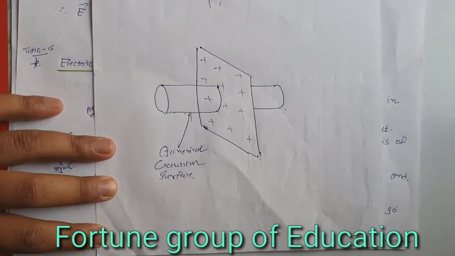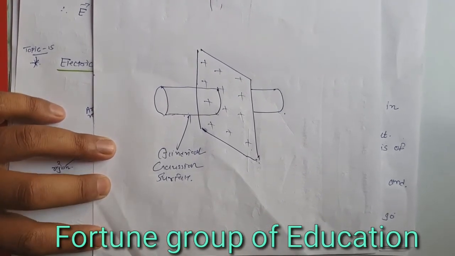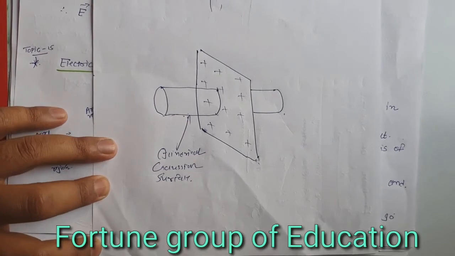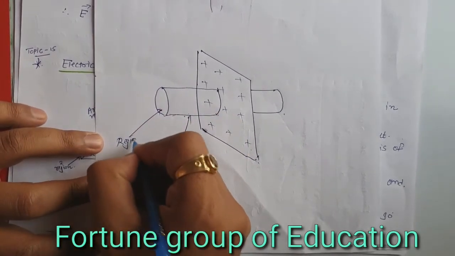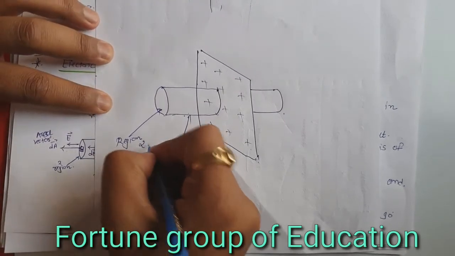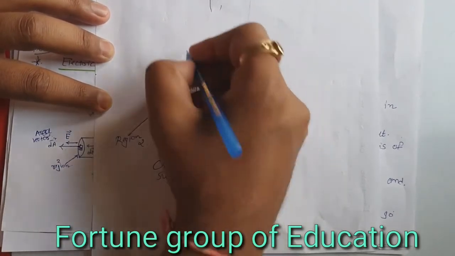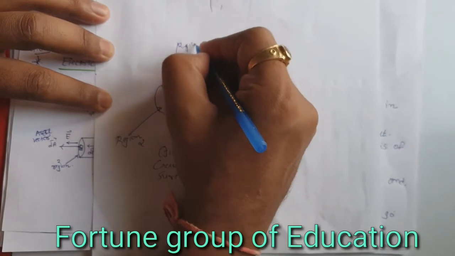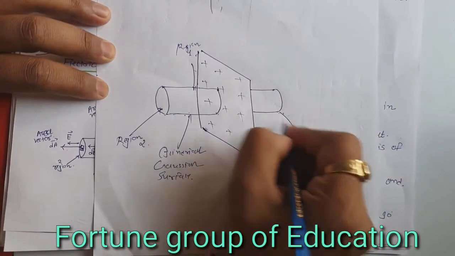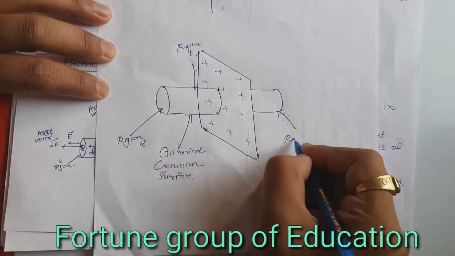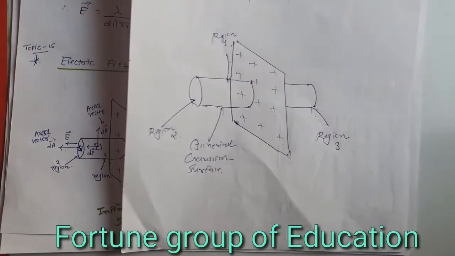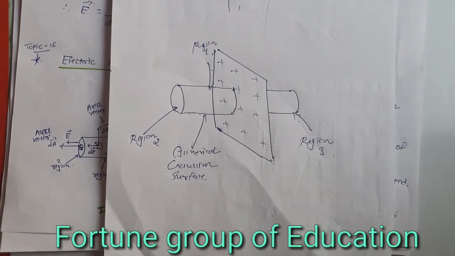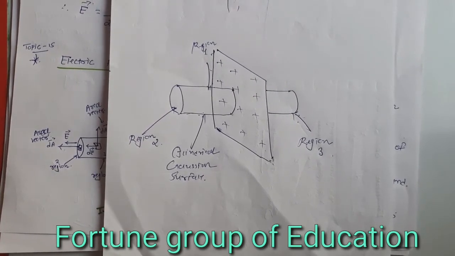In this Gaussian surface we make a three-part region. This one is region 2, this cylindrical portion is region 1, and this end cylindrical portion is region 3. So there are three regions, and we have to find the electric flux for the three different regions.